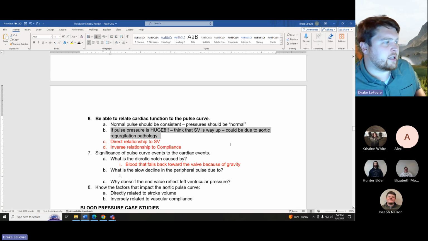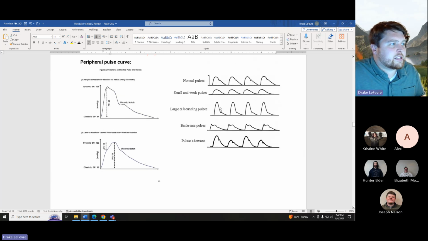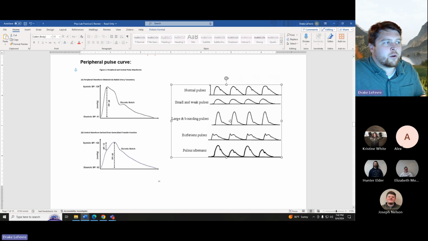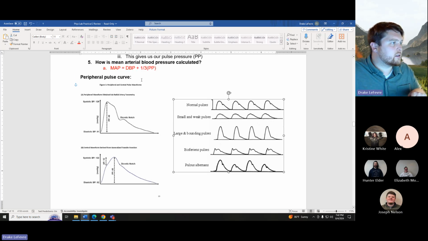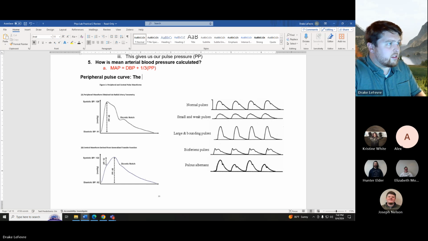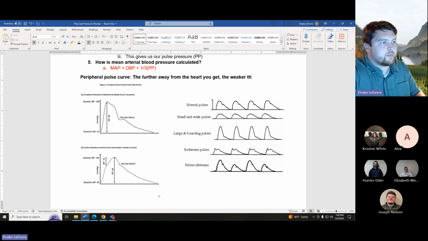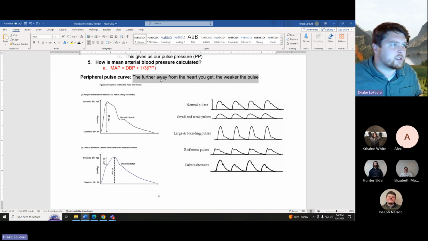You'll typically see these large and bounding pulses with aortic regurgitation. So this is what normal looks like. The further out you get, the further away from the heart, the weaker the pulse.